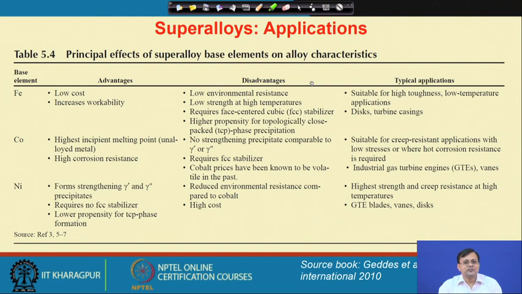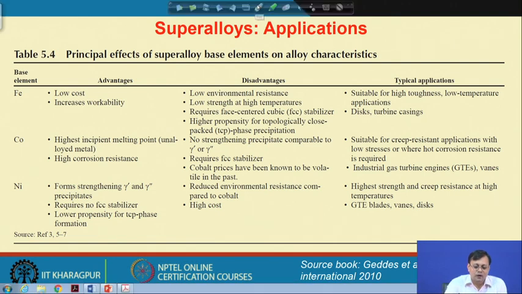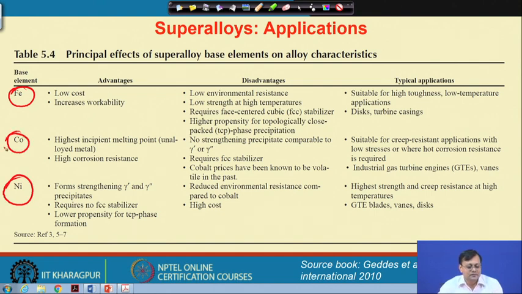So far we have discussed three major types of superalloys. As I said, one is the iron or nickel-iron base, another one is the nickel base, and the third one is the cobalt base. The advantages and disadvantages, if I summarize: so far we have discussed the iron based, or let us say nickel-iron, alloys also, because we have a high content of nickel too.